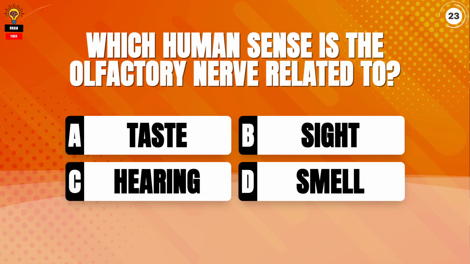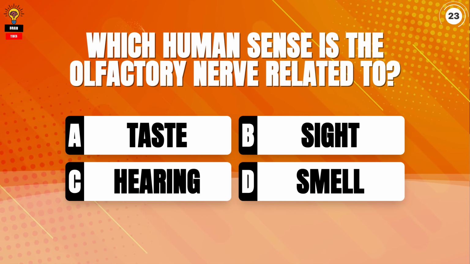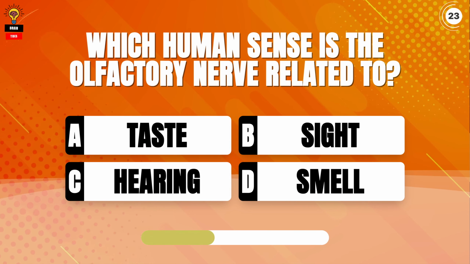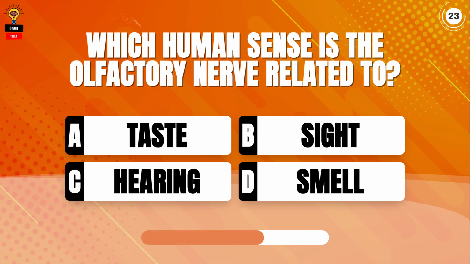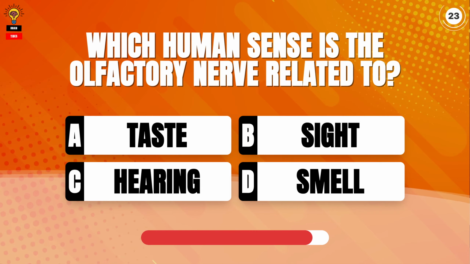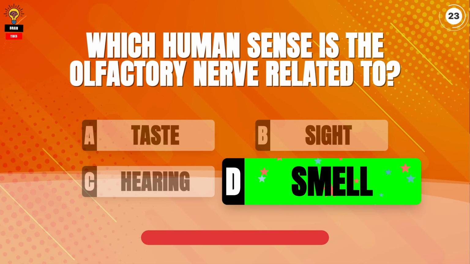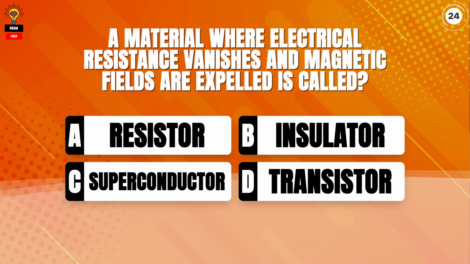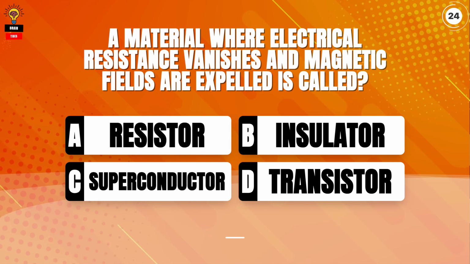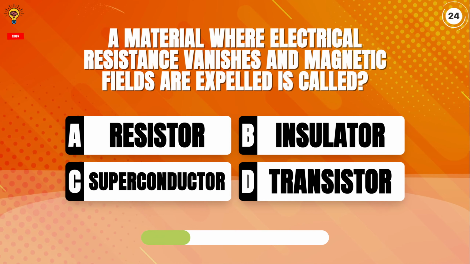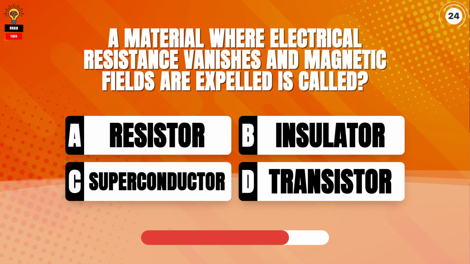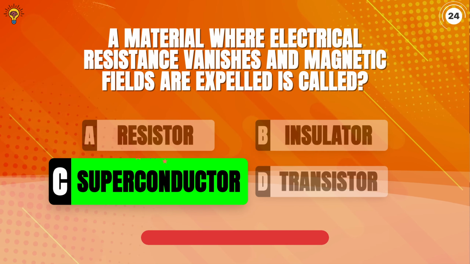Which human sense is the olfactory nerve related to? Smell. A material where electrical resistance vanishes and magnetic fields are expelled is called? Superconductor.